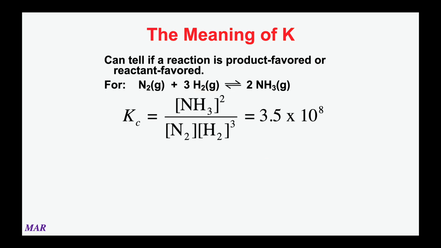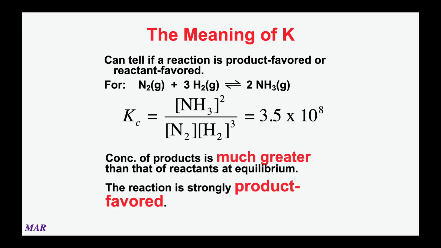Here's an example. That reaction we looked at earlier with nitrogen and 3 hydrogen gases making 2 ammonias, the K value, which is a Kc by the way, is 3.5 times 10 to the 8th. So ask yourself, is K greater than 1 or less than 1? And definitely this K is much greater than 1.